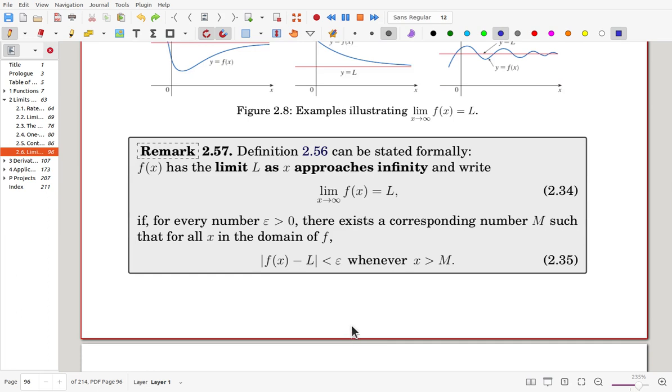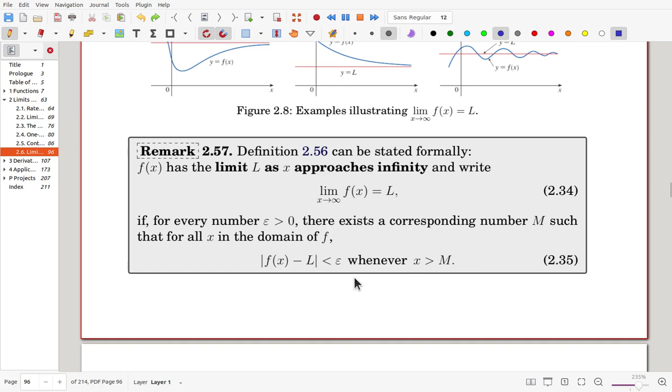Now we define the limit at infinity formally. f(x) has the limit L as x approaches infinity, and we write it in this way, if for arbitrary epsilon positive, there exists a corresponding number M such that whenever x is larger than M, then the difference between f(x) and L is bounded by epsilon in modulus. So that is a formal definition.